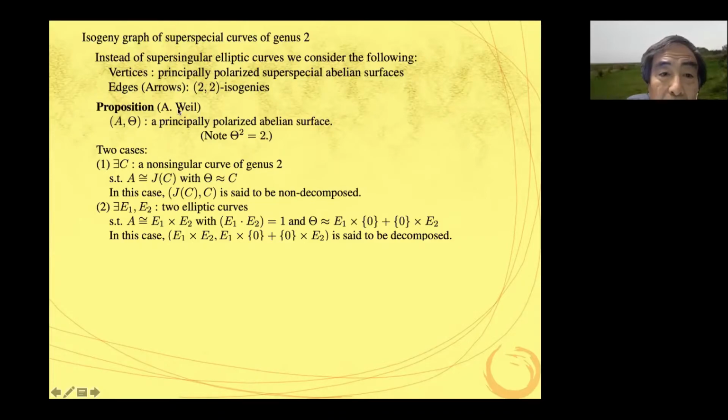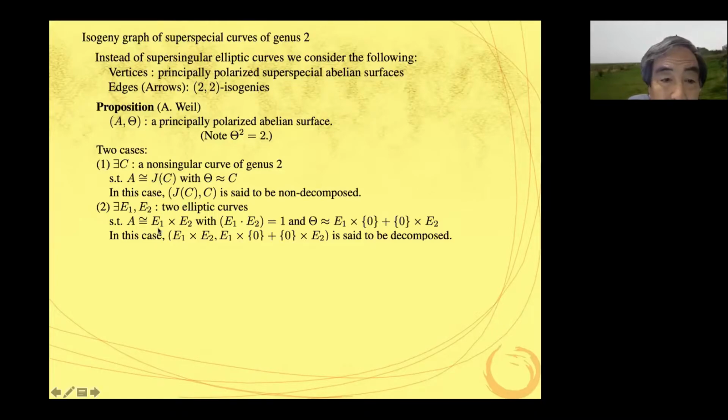Long ago, André Weil showed this: if (A, θ) is a principally polarized abelian surface, then we have two cases. One case is that A is isomorphic to the Jacobian of a genus 2 curve.